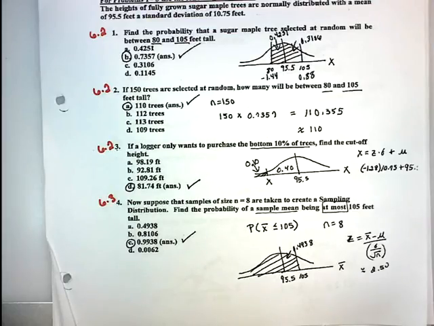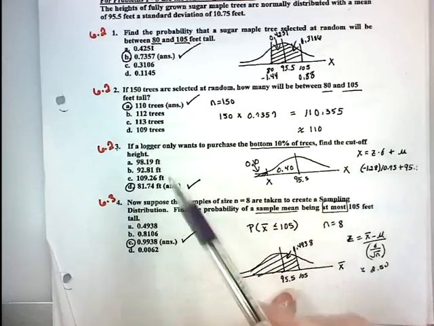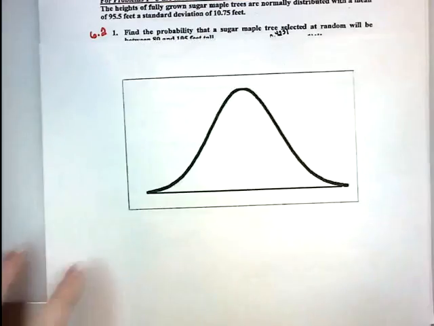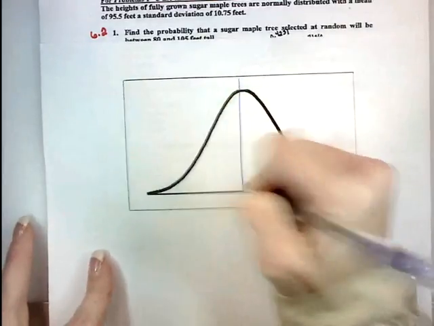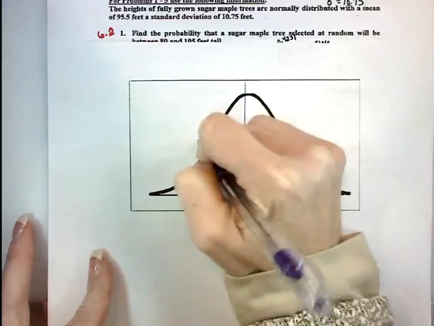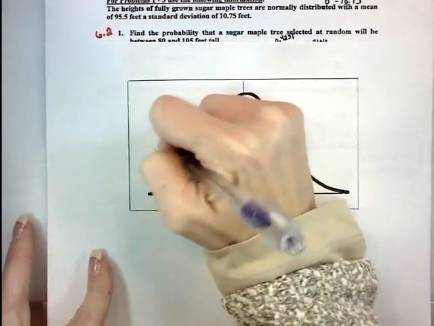Now, question 3. If a logger only wants to purchase the bottom 10% of trees, find the cutoff height. So we're still working with the same problem. Question number 3. We have our mean of 95.5 at the center, and the logger only wants to purchase the bottom 10% of trees.